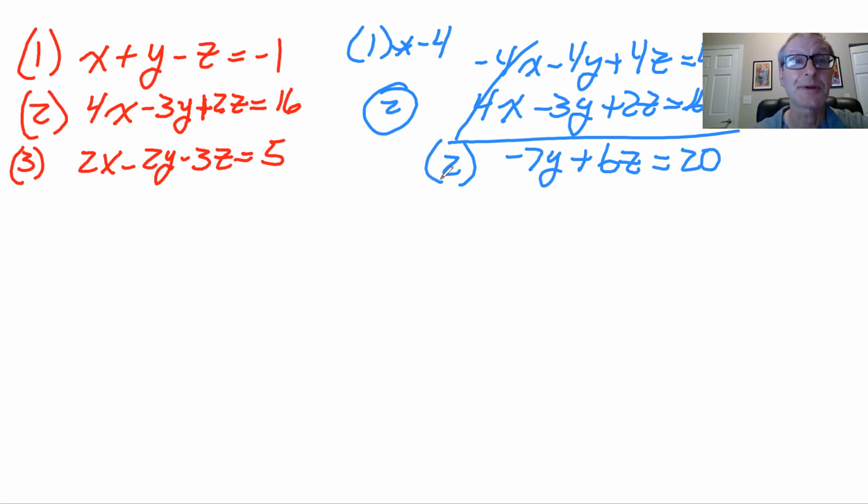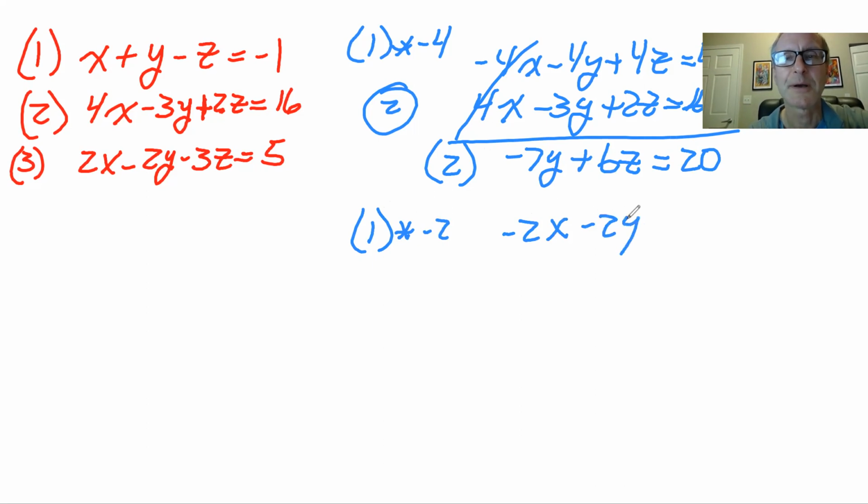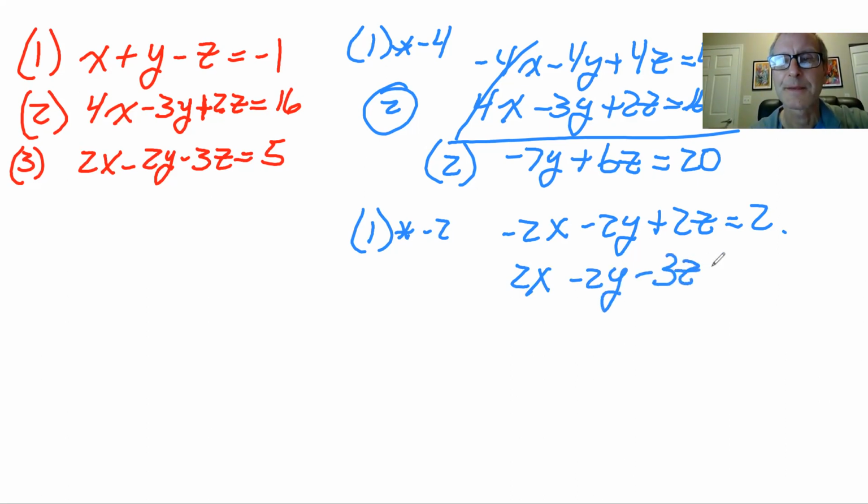So let's do the same thing, except now we want to get rid of the 2x in equation 3. So we'll take equation 1 and multiply it by minus 2. And that will give us minus 2x minus 2y plus 2z equals 2. And we have 2x minus 2y minus 3z equals 5 from equation 3. So let's add these together.